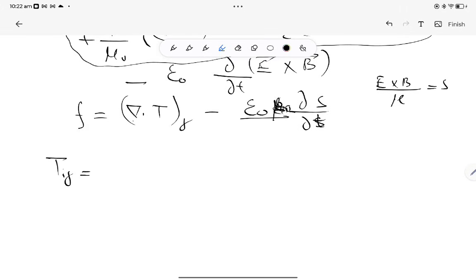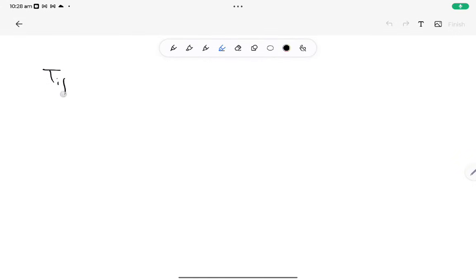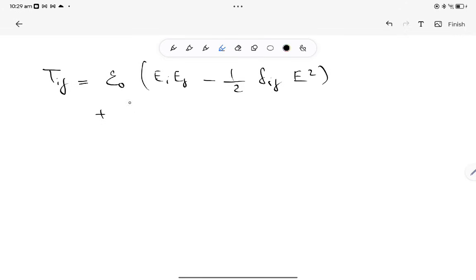We define Tij as equal to epsilon naught Ei Ej minus 1 by 2 Kronecker delta ij E squared plus 1 by mu naught Ei Bj minus 1 by 2 delta ij B squared.